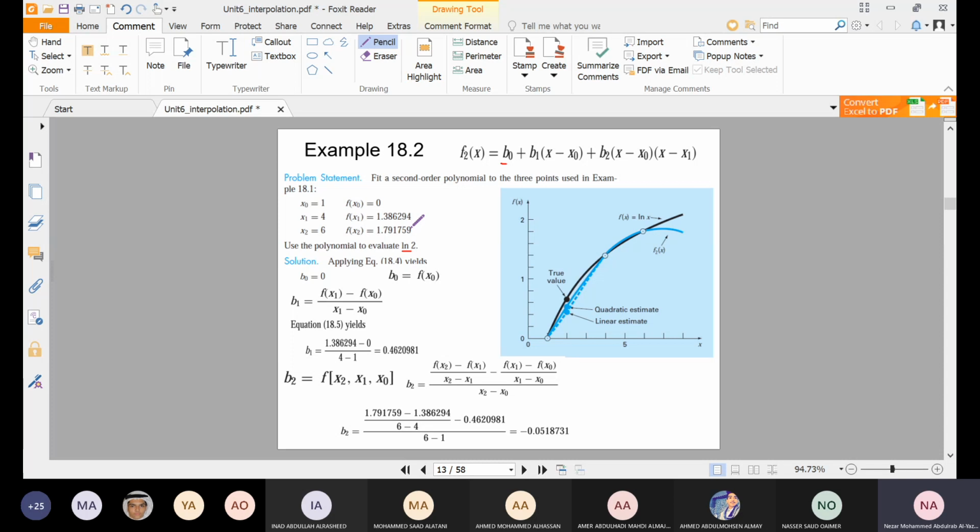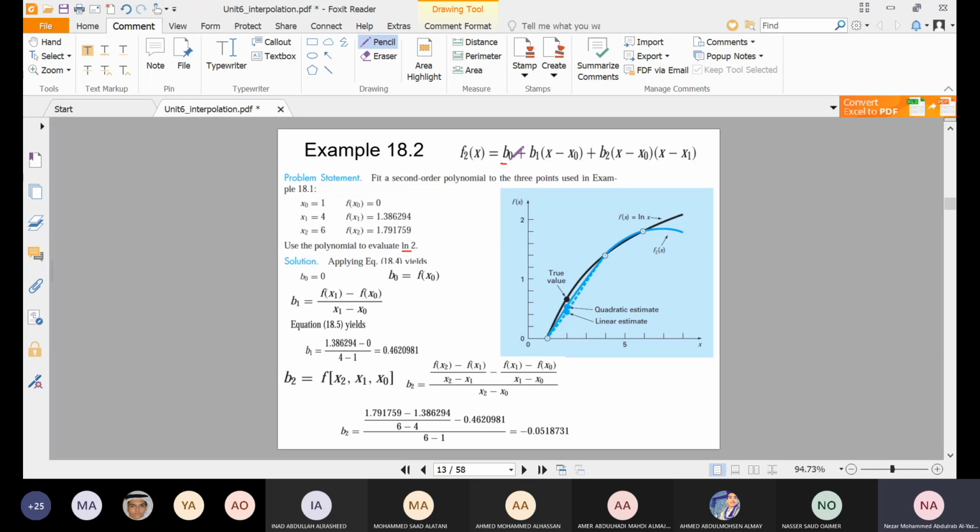As we used before, we estimated using the linear estimation and found two types of errors, 48.3% and 33.3%. Now we increase the order of the polynomial, and after that we can estimate the error.